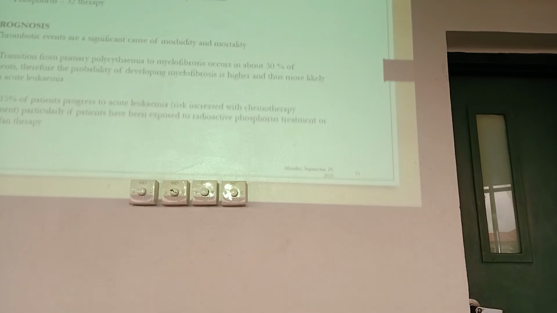How much red cell do you have in the 450 mils somebody is donating? You have 200 mils of red cell, the remaining is 250 mils of plasma, and then you have 50 mils of anticoagulant. So somebody donating twice in a week will be losing 200 milligrams of iron each time, 400 per week. So the person will become iron deficient in the long run.